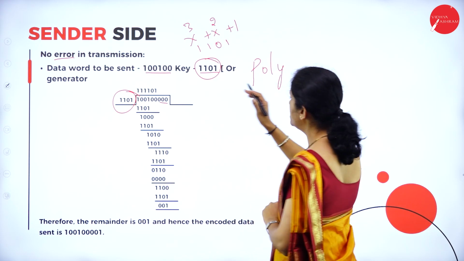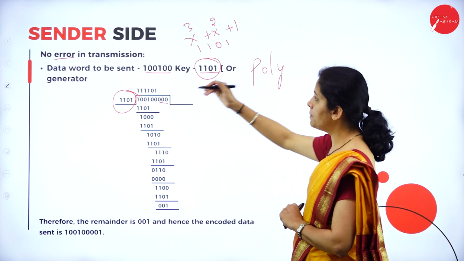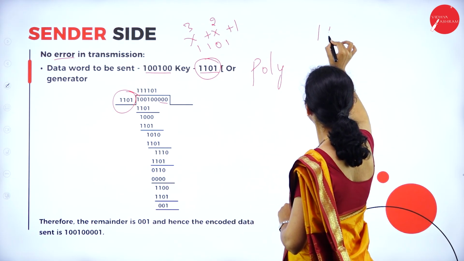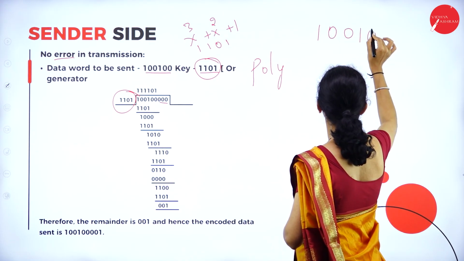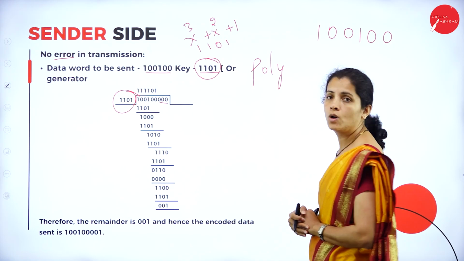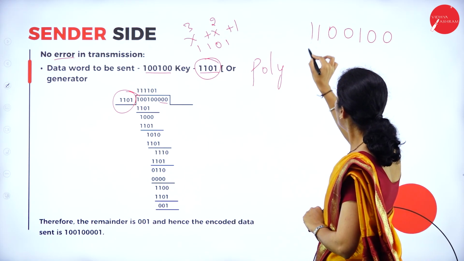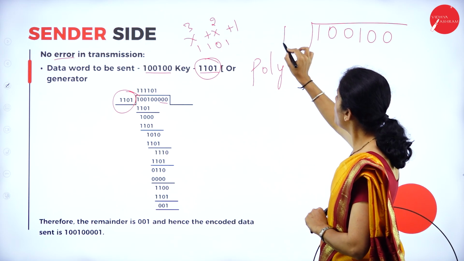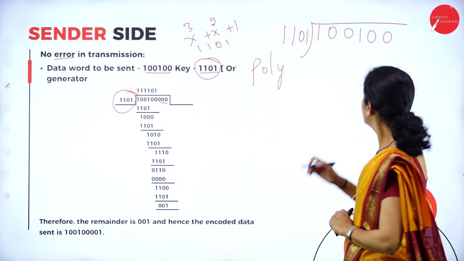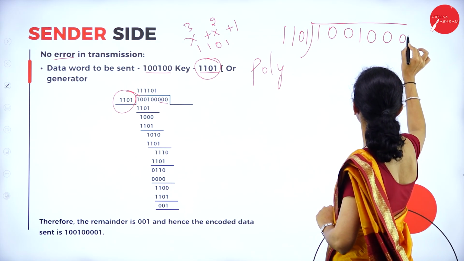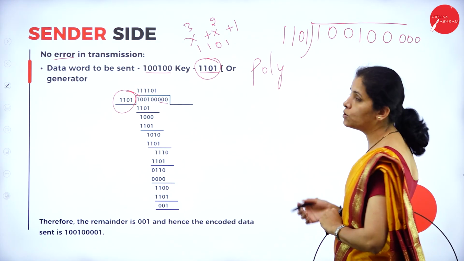Dear student, let me write the example here: 1 0 0 1 0 0. What is my key? 1 1 0 1. Now I'm going to add 3 more zeros here.